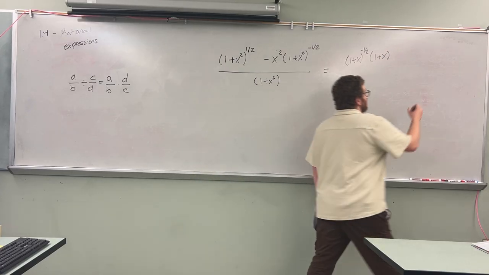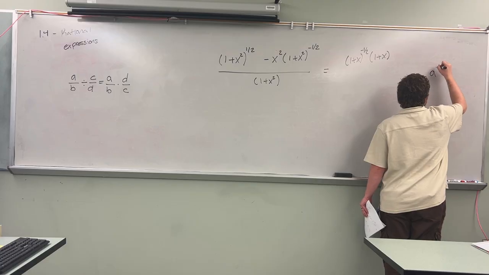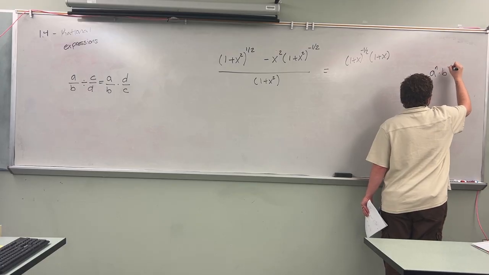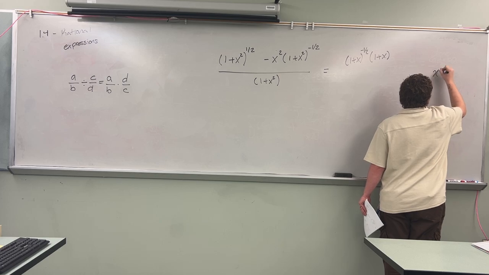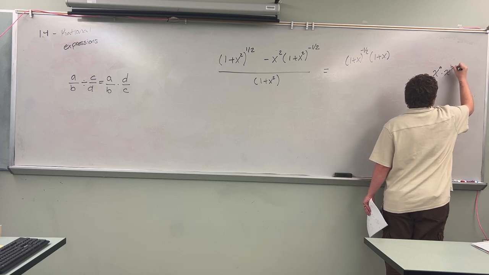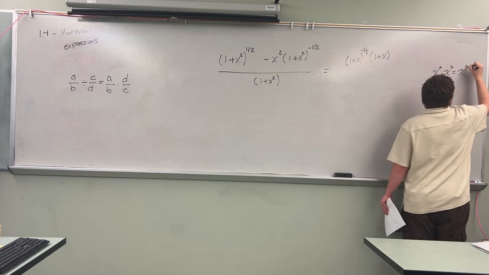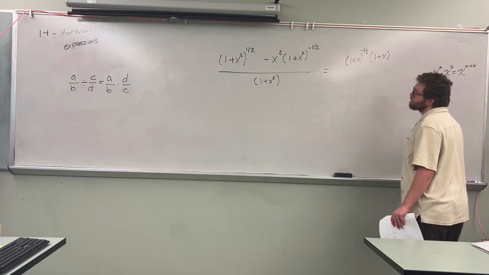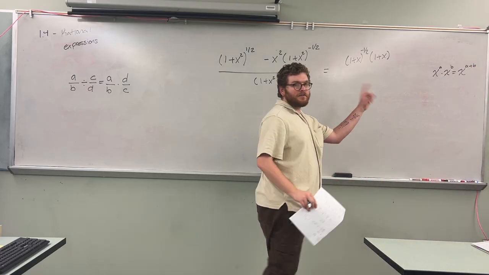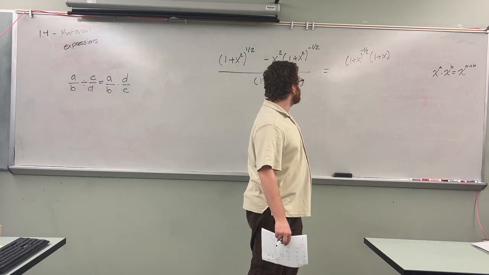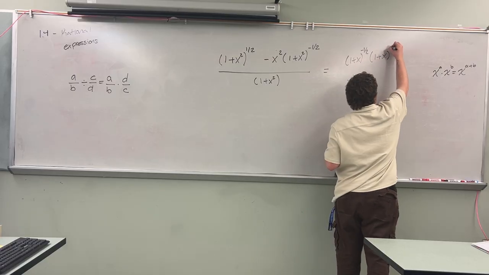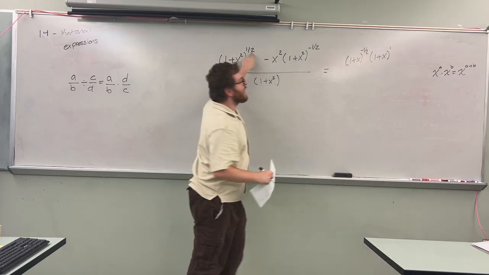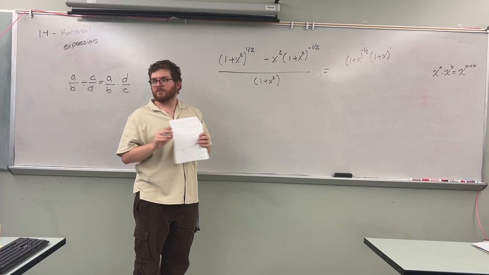Remember, when I have a common base, x^a times x^b is x^(a+b). So I can add their exponents if they have a common base. Negative 1/2 plus 1, technically a 1 there, equals 1/2. So I've kind of split it apart.